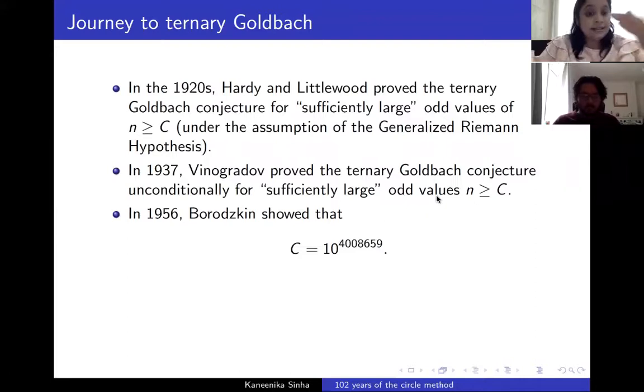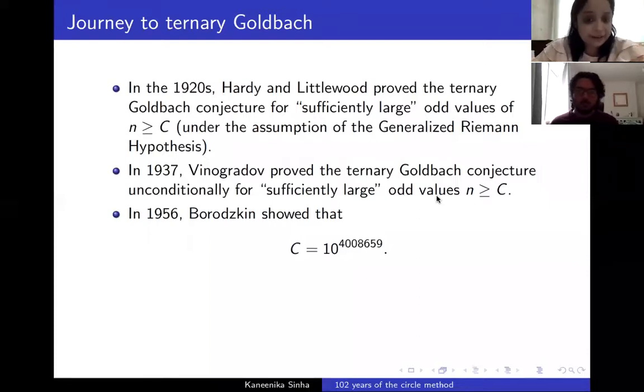Okay, starting 1956, these methods of Hardy, Littlewood and Vinogradov were refined. The journey towards n greater than or equal to 7 has to start with some capital C. And in 1956, Borodzkin, actually in his PhD thesis, gave an effectively computable constant.